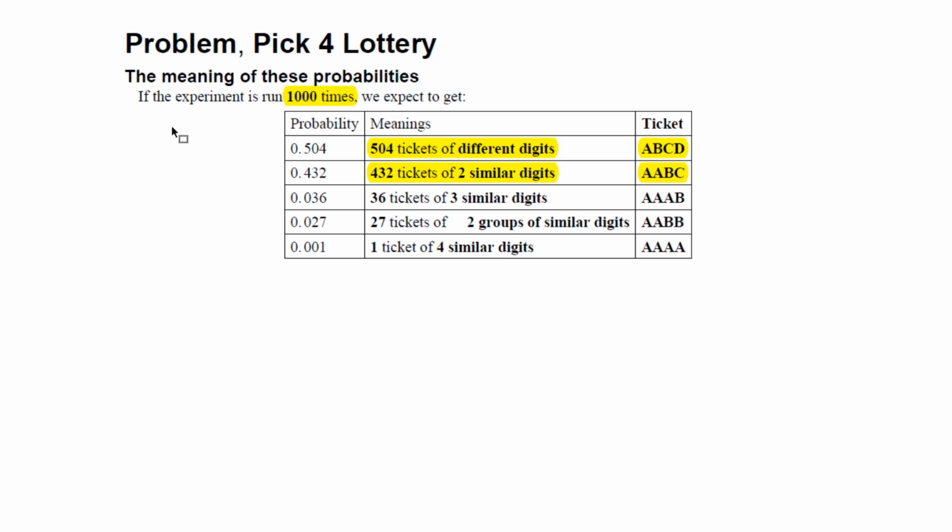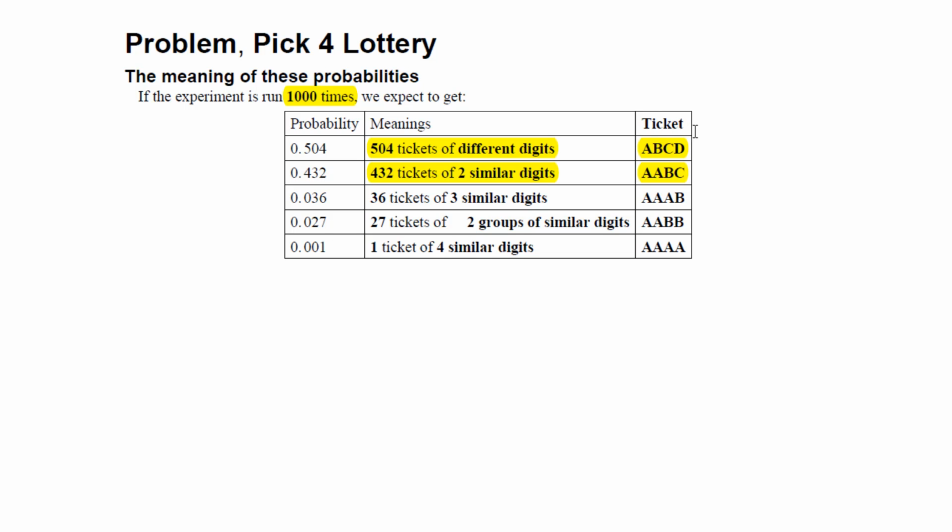If we run this experiment around 1000 times, we expect to get 504 tickets of different digits, 432 tickets of 2 similar digits, 36 tickets of 3 similar digits, and 27 tickets of 2 groups of similar digits, and only 1 ticket of 4 similar digits.